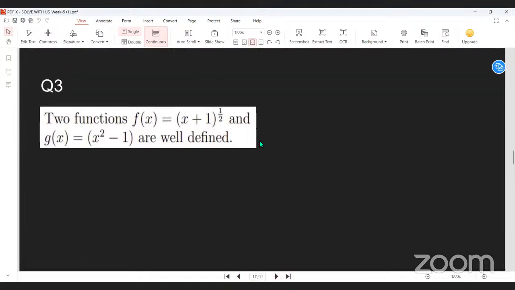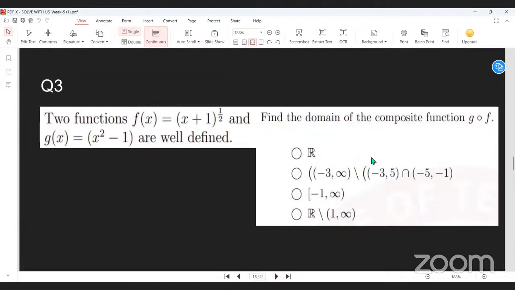Find the domain of composite function g of f of x, right? So g of f of x means x must be in the domain of f and f of x must be in the domain of g, right? So based on this, please calculate the options.